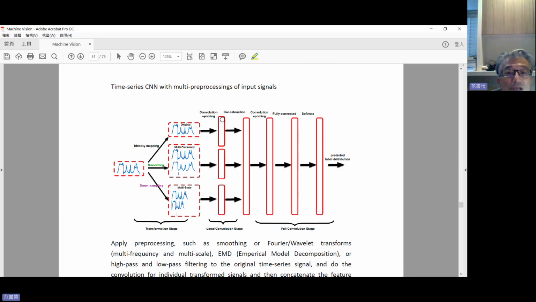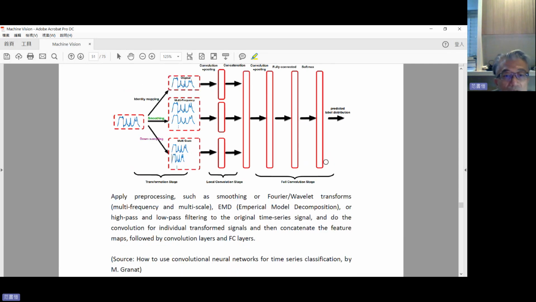So this is the convolution layer, and then concatenation into the more complex layer, and convolution plus pooling, fully connected, softmax, and then predict. So you need to determine how long you should perform prediction. So apply preprocessing such as smoothing or Fourier wavelet transform. So you like to perform feature engineering to extract what is embedded within.